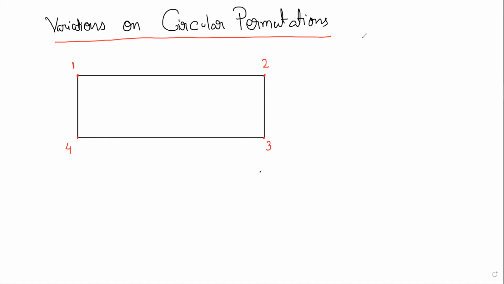How many ways are there to seat 4 people? The chairs are not numbered, but the chairs are only on the vertices.